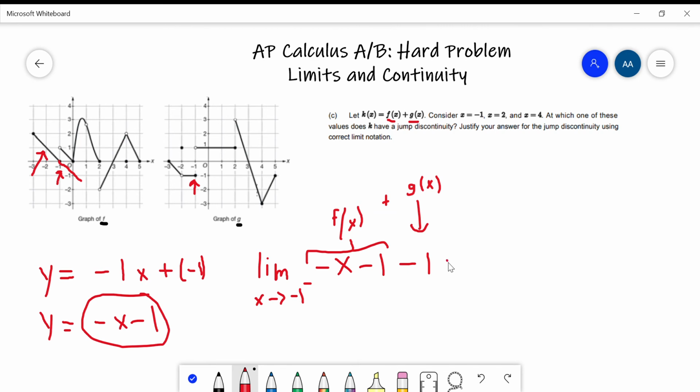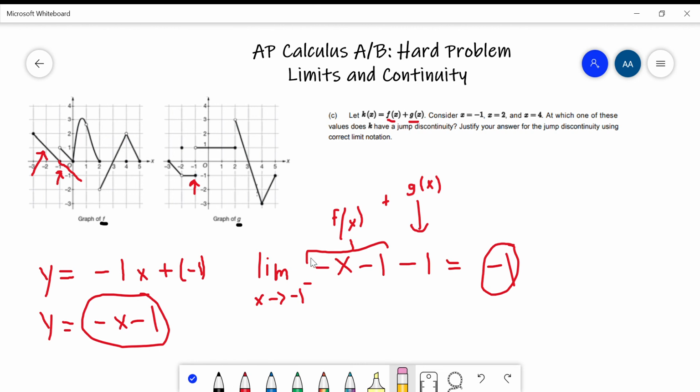And so if we solve for this, we can just directly substitute it in, as you would first do with limits. And you would find that you would get an answer of -1. You would get -1 for the left-hand limit.